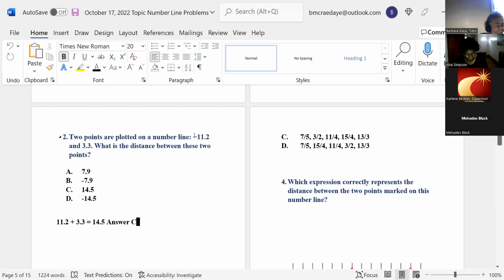So on the number line, it's to the left, but distance is the same. Let me just go to a new share and go to the whiteboard. Okay. Here's a number line, right? That's 0. So I'll just put, say, 11 point. It's not to scale here. There's 11.3, right?